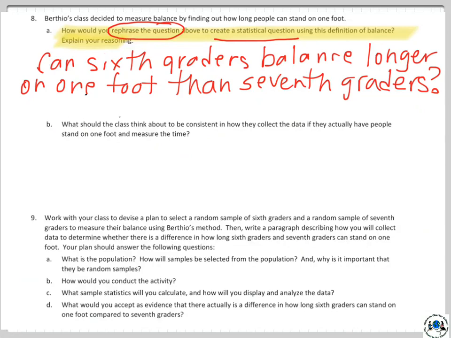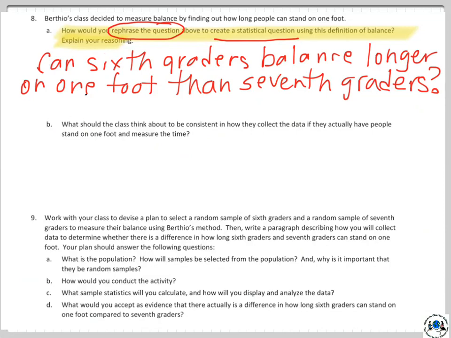But then you have an alternative hypothesis, something you can use, and you would say, well, which one? Would it be yes or no here? You could say no, since you are a seventh grader, most of you out there. No, sixth graders cannot balance longer than seventh graders because seventh graders are more mature and have a greater sense of balance.